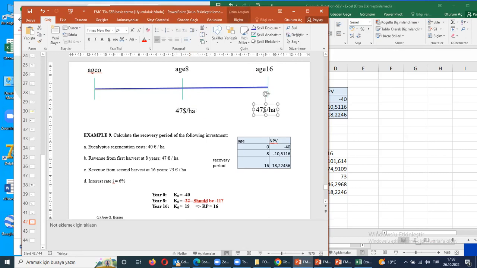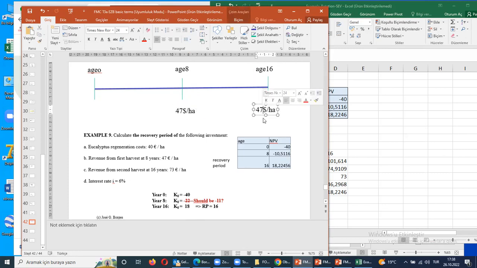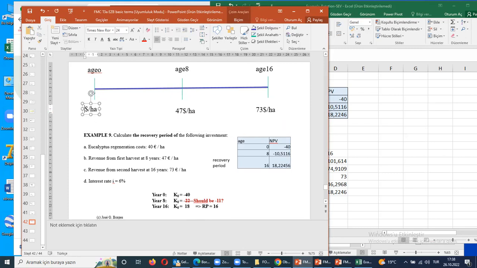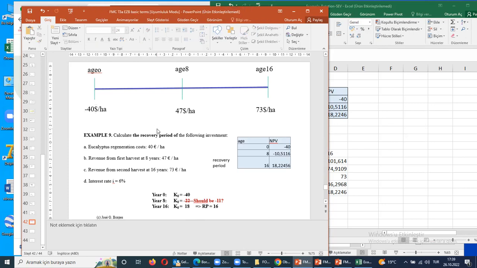At the age of 16, we've got 73 euro per hectare. At the age of 0, we have got $40 per hectare, which is the plantation cost. That is minus 40, right? You can see it from here.